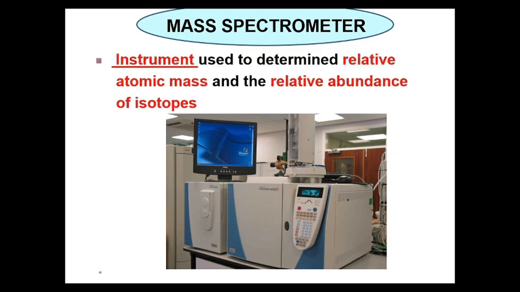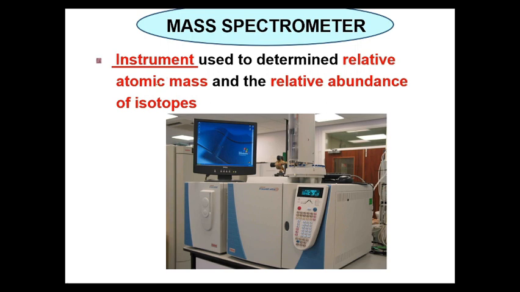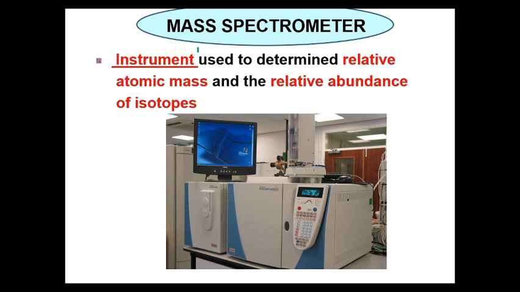Meanwhile, a mass spectrometer is the instrument used to determine the relative atomic mass and the relative abundance of isotopes.